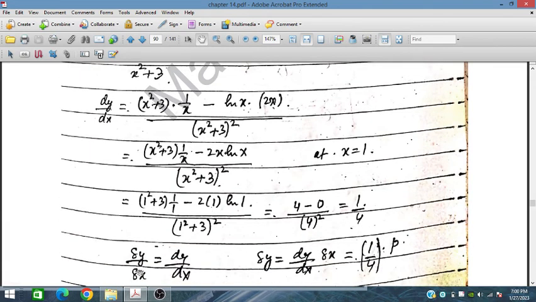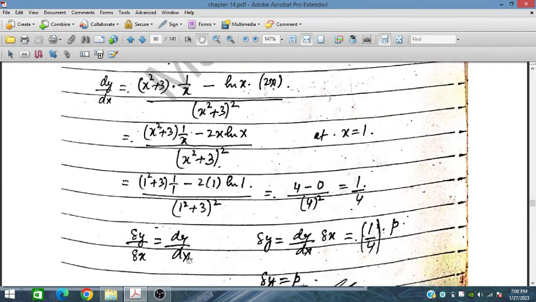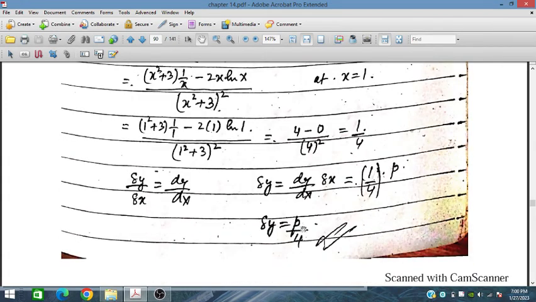Delta y is equal to dy by dx times delta x, and dy by dx is 1 upon 4, with the change in x being p. So the change in y appears as 1 over 4 p, that is, delta y is p upon 4. For a small change p in x, the small change in y is p by 4.